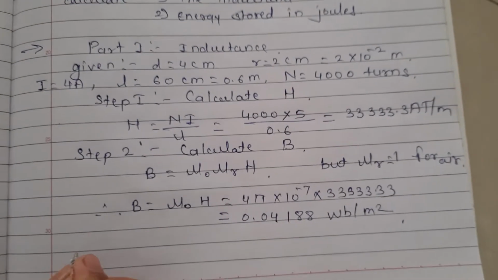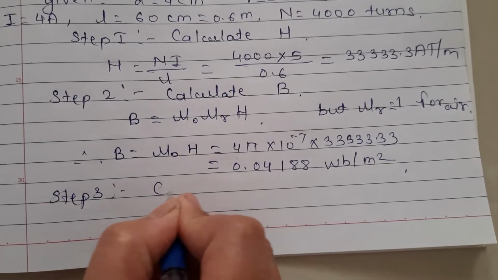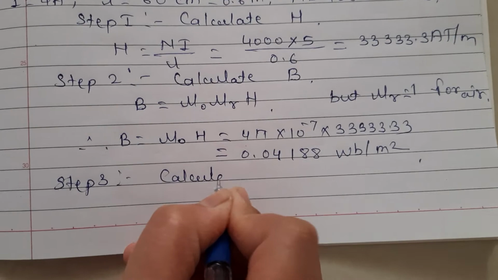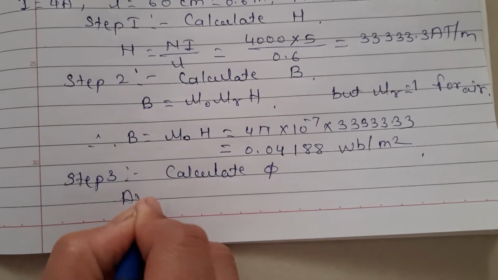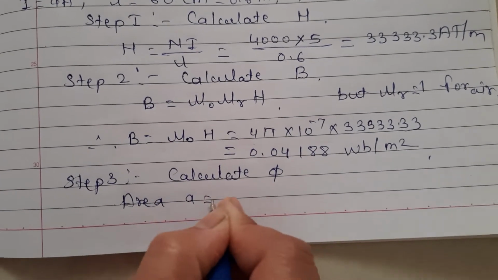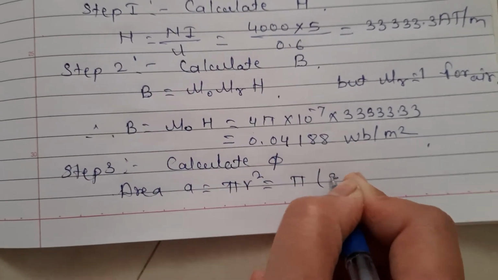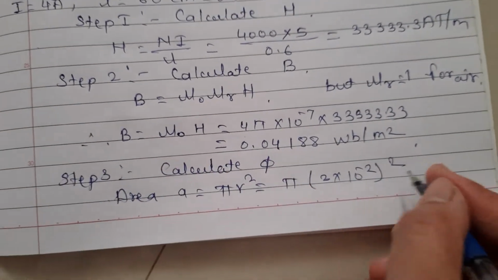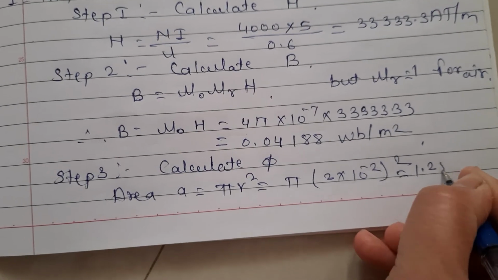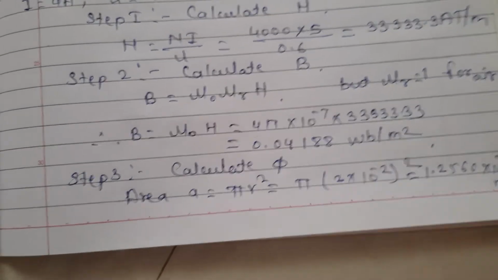Now the third step. Step 3. It is calculate phi. So area A is equal to pi r square. So it is pi into 2 into 10 raised to minus 2 square. So it is 1.2566 into 10 raised to minus 3 meter square.